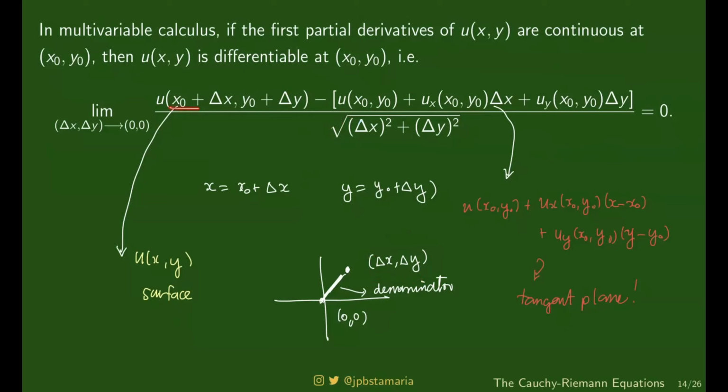Kailangan daw yung error na ito ay lumiliit na lumiliit. Pero dahil may denominator, ibig sabihin, this goes faster to 0 than the speed of the error getting to 0. Ganun yan eh. Ang hirap ipaliwanag, no?